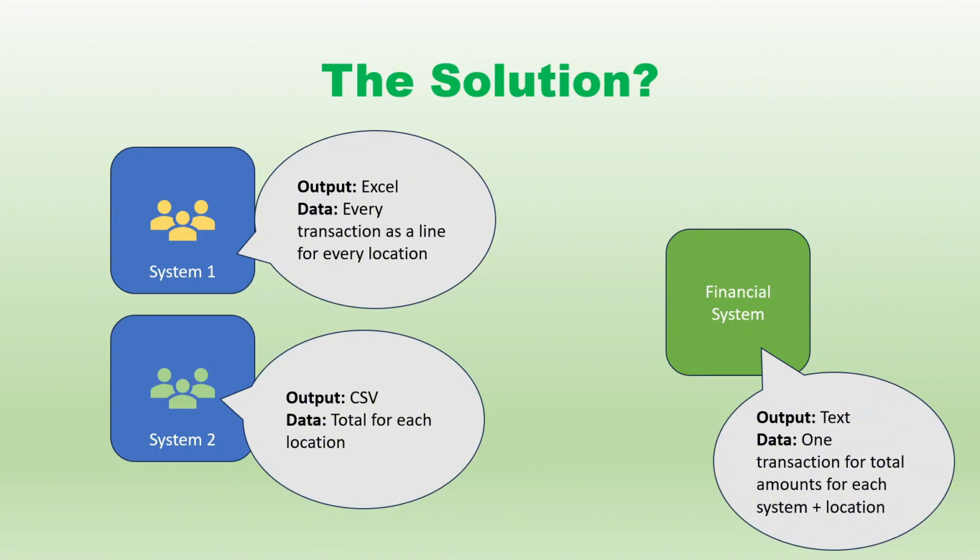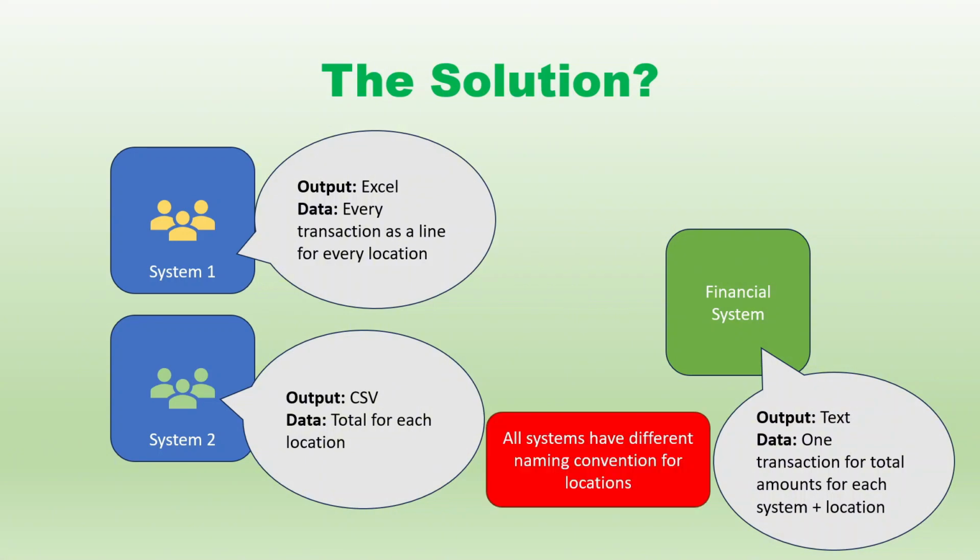Now, it is possible that through the IT department's help and other measures we would have been able to get everything in Excel. But then each system is designed differently, and it was not possible for us to just match by running reports. And there is one last issue: all systems have different naming conventions for locations.